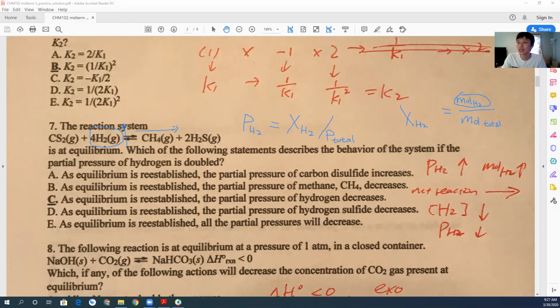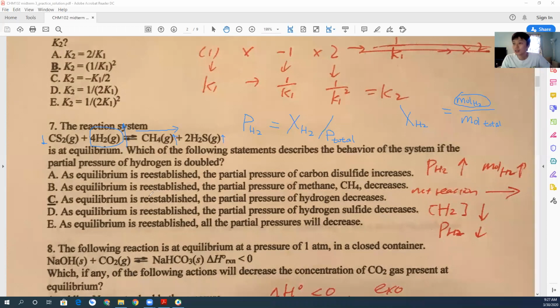Meaning that a net reaction will happen until the equilibrium is re-established, and that net reaction will proceed to the right. So more products will be generated. In this case, the amount of hydrogen gas increased, and that increased amount will consume some of the CS2, so the CS2 concentration will decrease, and they will generate more CH4 and H2S.